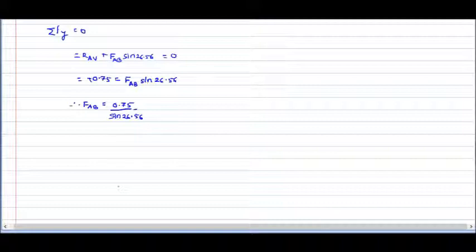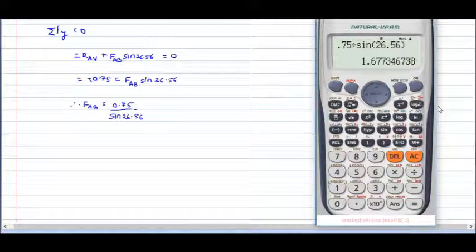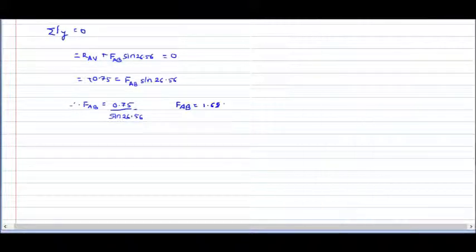The answer is 0.75 divided by sine of 26.56, and don't forget to put brackets. That is 1.67 kilonewton. Force in member AB we are getting as 1.68 kilonewton. So this is our value from this second equation.